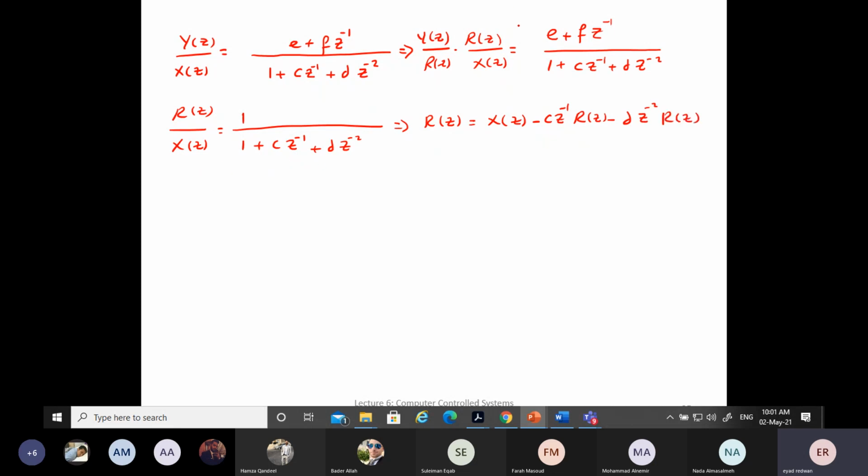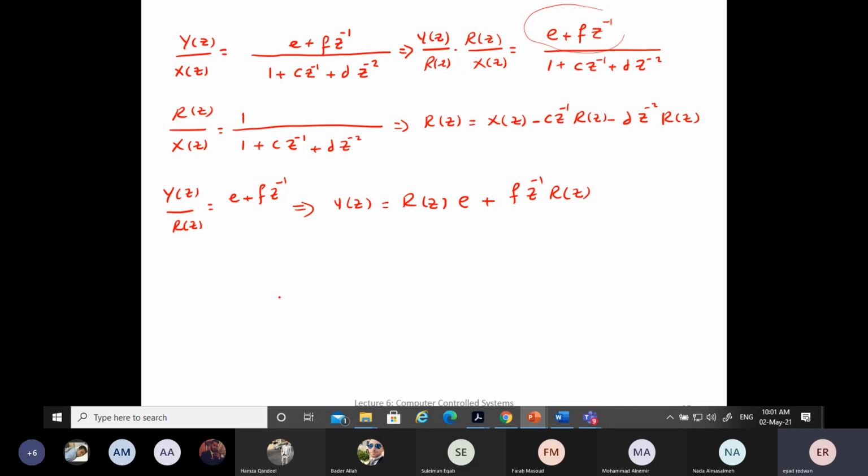And again, from the second term, I can get the output equation, Y(z) over R(z) equals e plus f z inverse. And cross multiplying, you get Y(z) as a function of R(z) that you have already obtained here. It equals R(z) times e plus f z inverse times R(z).